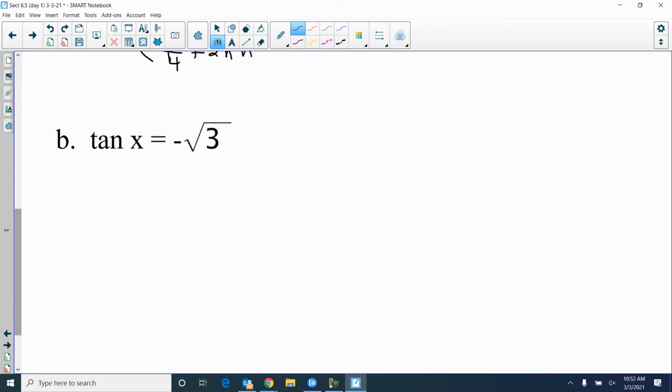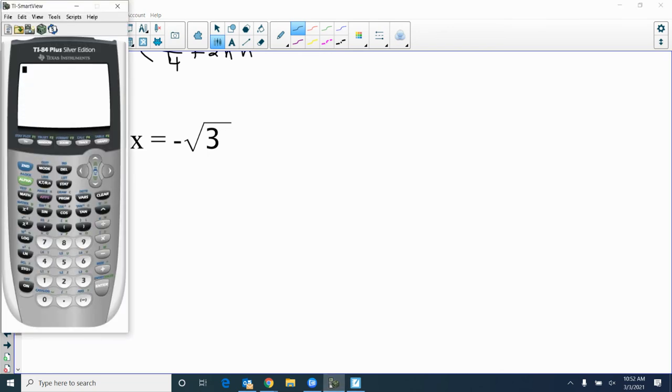There's another angle there. All right, so if you hit your calculator, what does it tell you? Inverse tangent of negative square root of 3. Hold on. I told you to go to degrees and I didn't. It gives you -60, right?